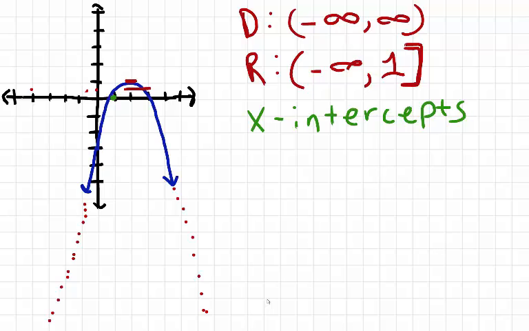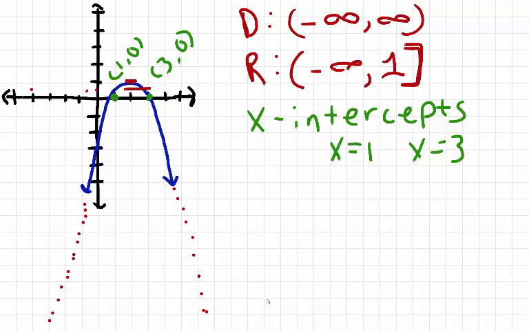In this graph, we see that at coordinate point 1, 0, and coordinate 3, 0, the graph crosses the x-axis. Therefore, my x-intercepts are x equals 1 and x equals 3.